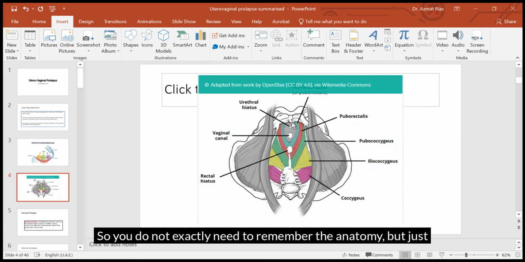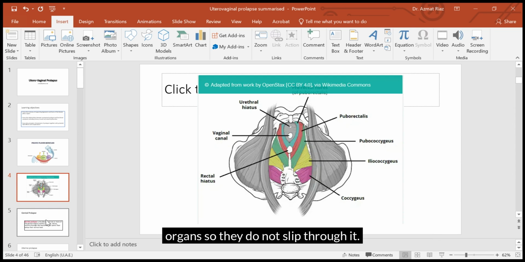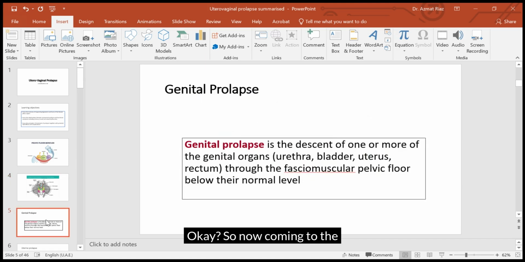You do not exactly need to remember the anatomy, but just remember that levator ani is the muscle which forms the pelvic floor, and its main role is to support the pelvic organs so they do not slip through it.